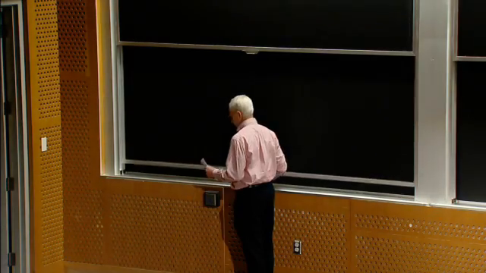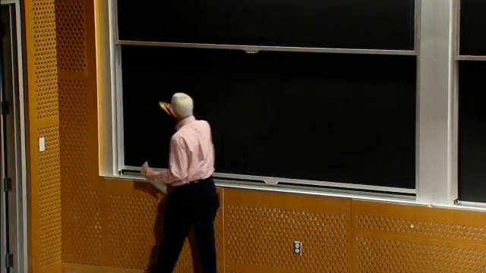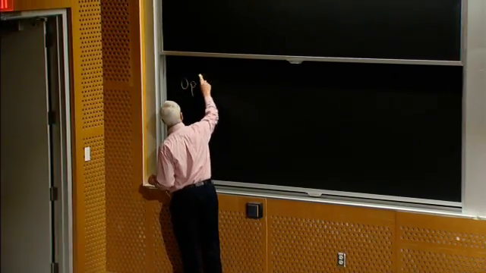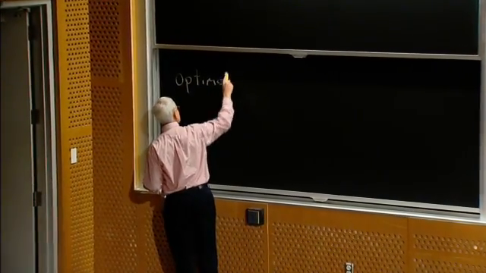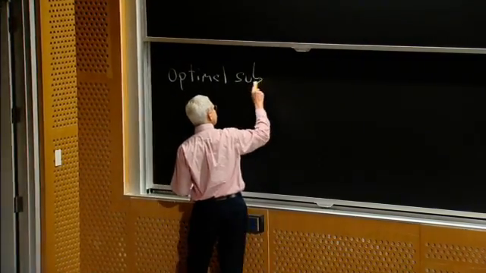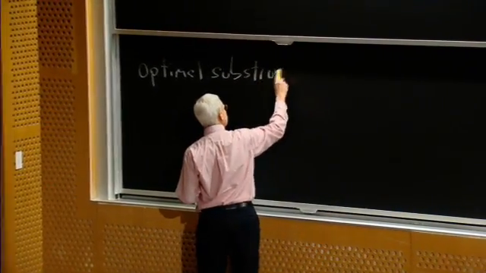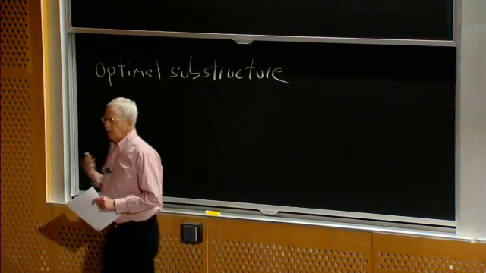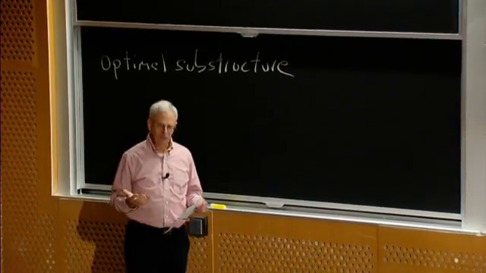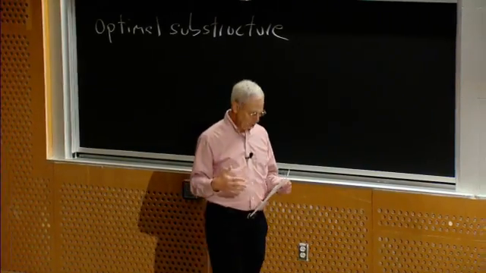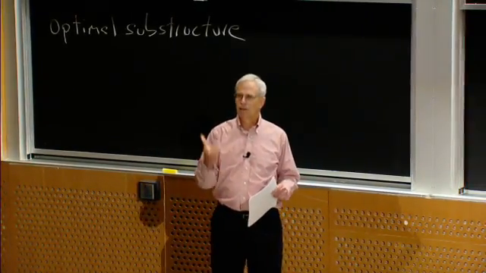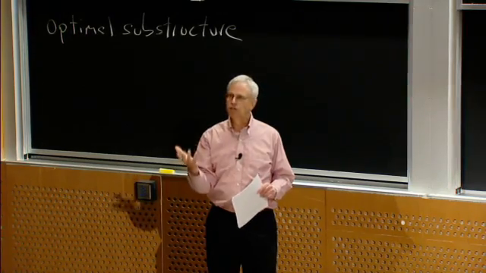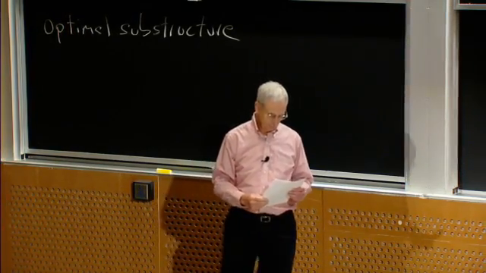What we looked at is two properties. The first was optimal substructure. And you'll recall what this meant is that we can construct a globally optimal solution by combining solutions to local subproblems.